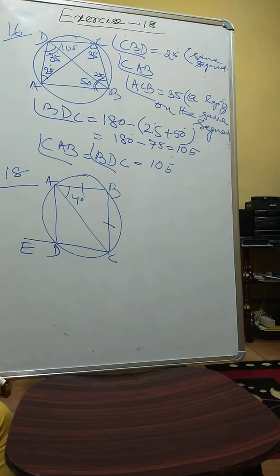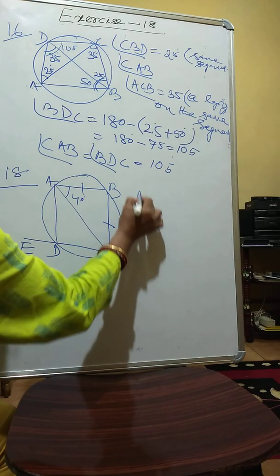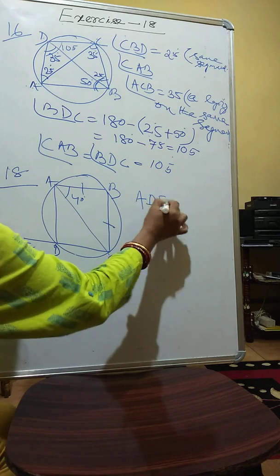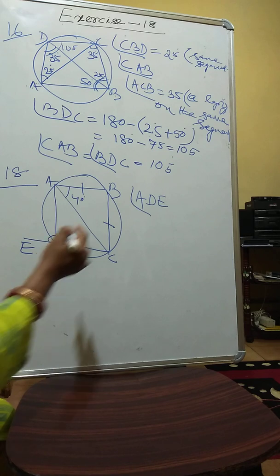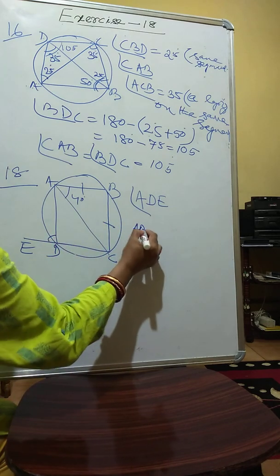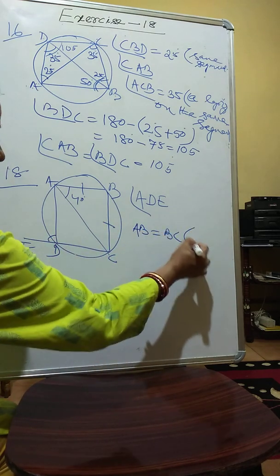We have to find out angle ADE. This angle we want to find out. Now children, I'll write AB is equal to BC. It is given.